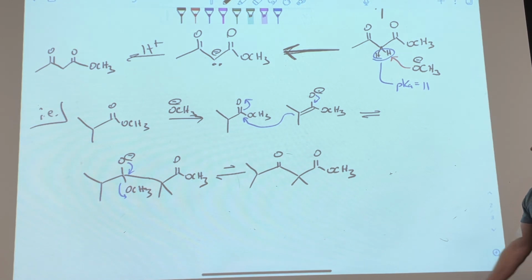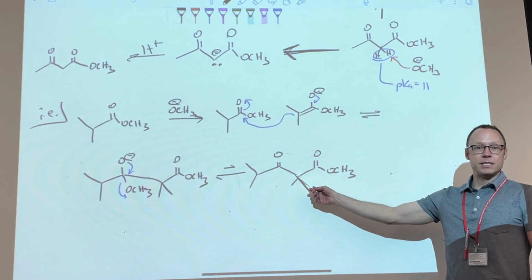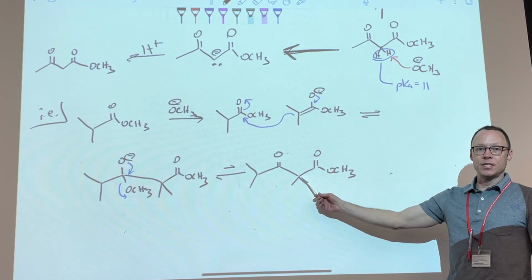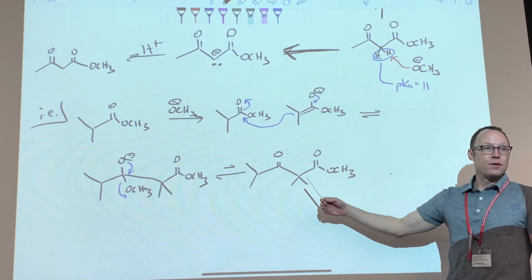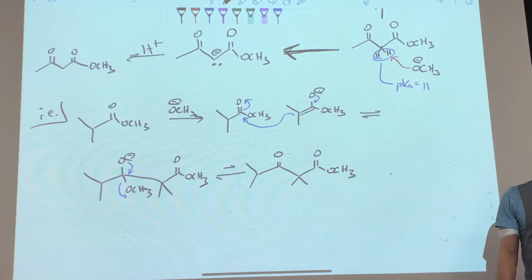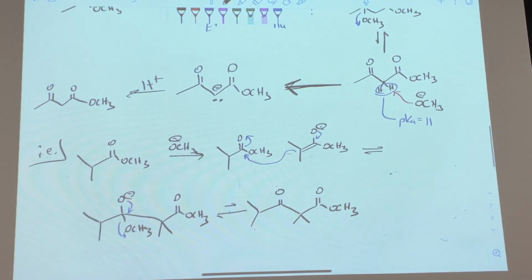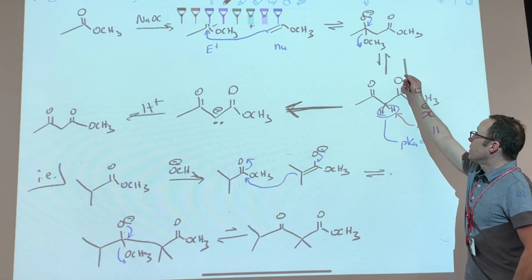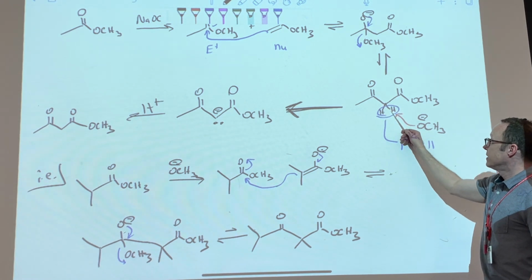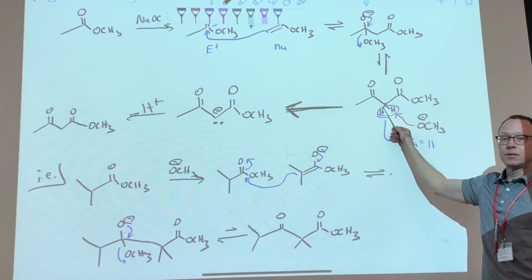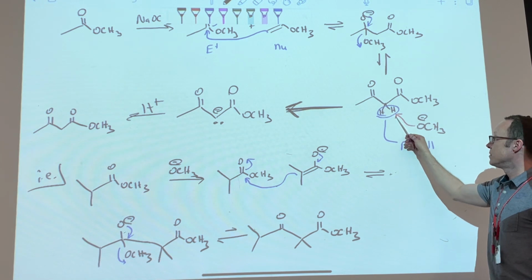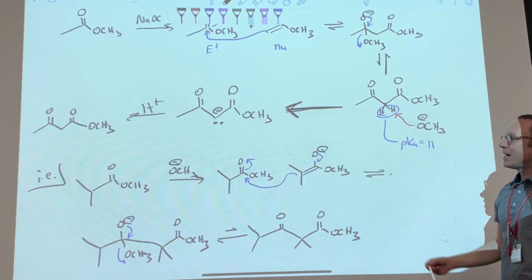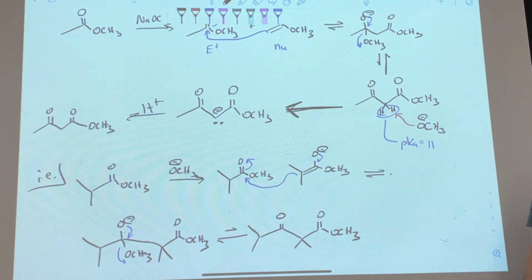But you don't have any alpha protons here. Because you don't have any alpha protons at this position, given these substrates, you don't have a driving force. If you recall, the driving force of that bad equilibrium is normally that you make those highly acidic, doubly activated protons, and then the base that you kicked out comes in and grabs one, and that pulls that bad equilibrium towards the product.